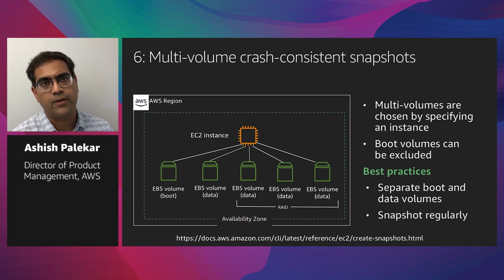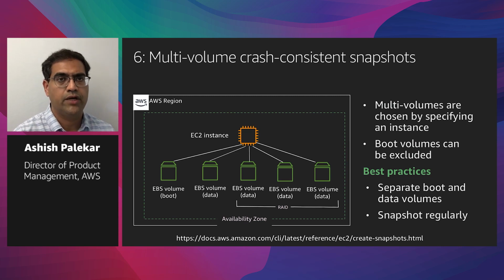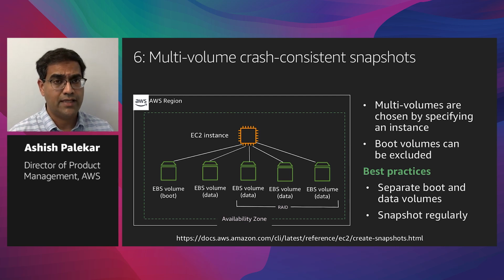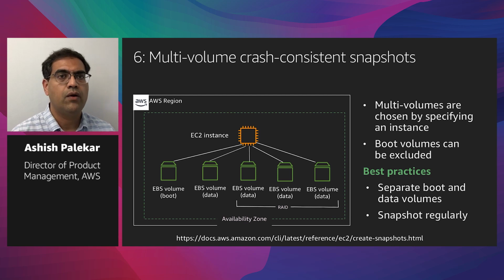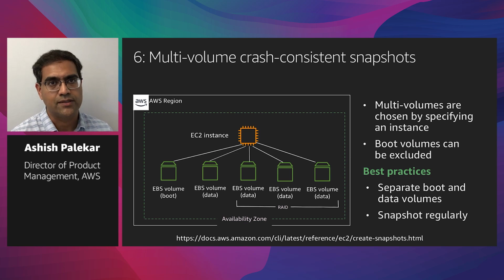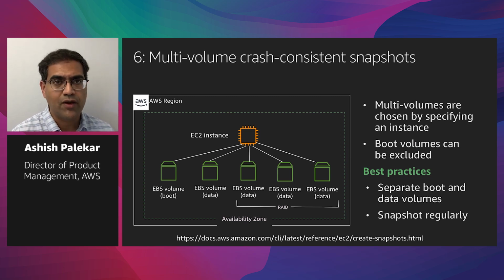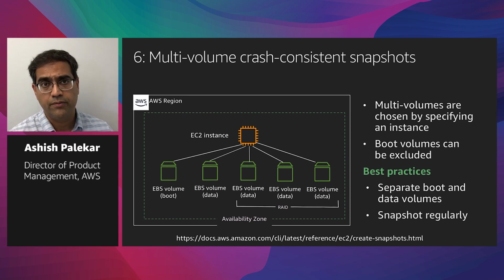After having looked at the problem and wanting to address this, what we launched is a new API called CreateSnapshots, snapshots with a plural S, which now allows you to take with a single API a crash consistent cut of your multiple EBS volumes attached to a single EC2 instance. That API gives you the option of choosing either a boot volume or not choosing a boot volume, which means you can exclude it from the set.